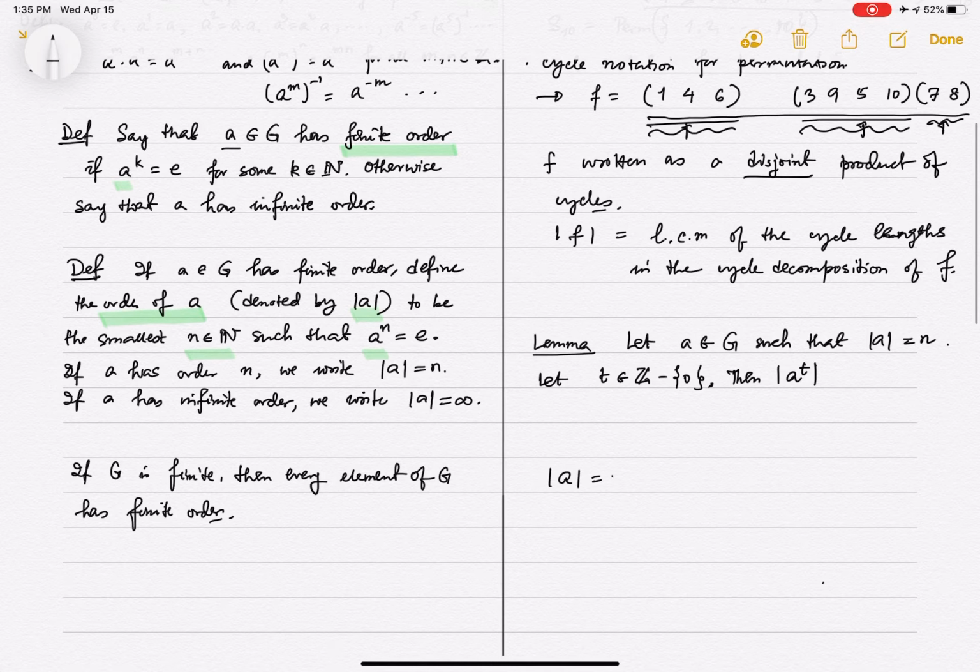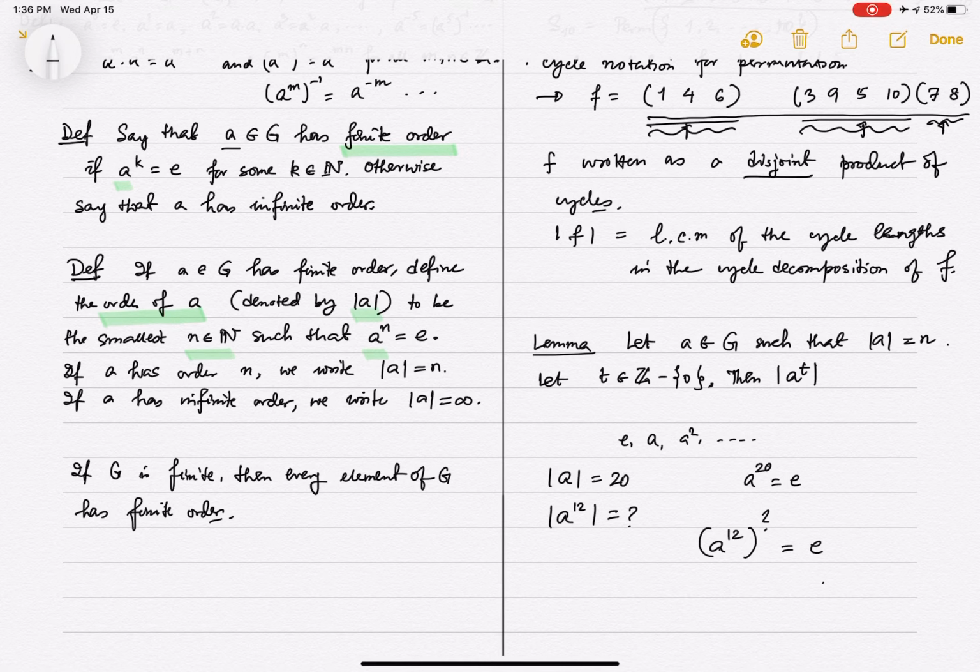Let's say a has order 20, which means if you start calculating a squared, etc., a to the 20 is the first time it comes back to identity. Okay. And then I'm asking, let's say, what is the order of a to the 12? So t is 12, n is 20. So I give you a to the 12, and what I'm asking is, what's the smallest power you can raise it to so that you get identity?